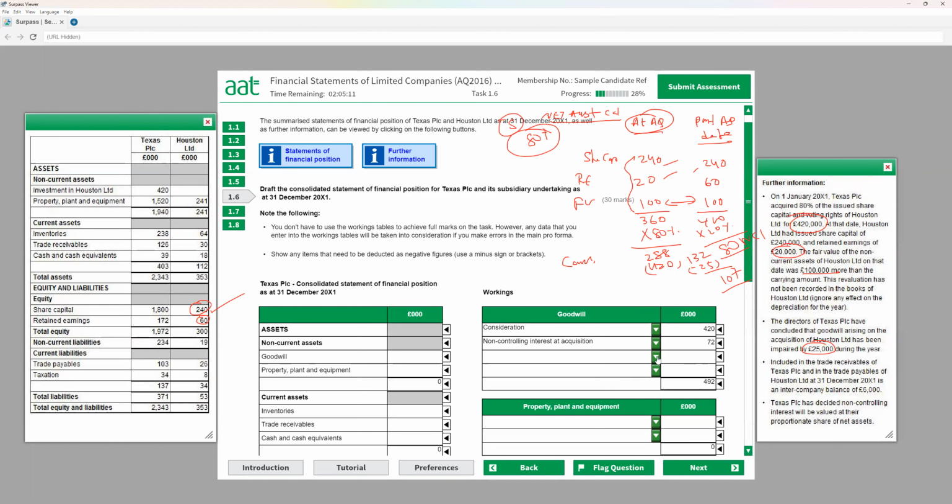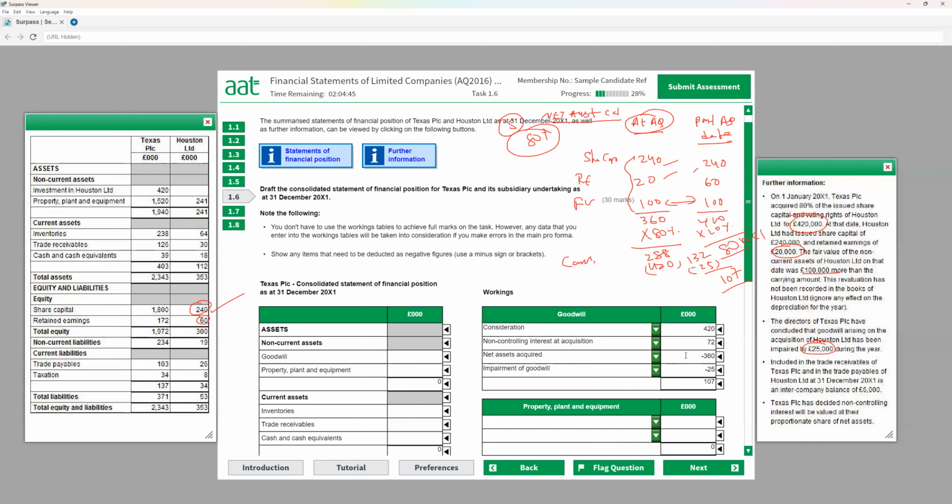Then the net asset acquired, this is 360. And the goodwill impaired, 25, minus. So 420 plus 72 minus 360 minus 25, and we have the goodwill of 107.